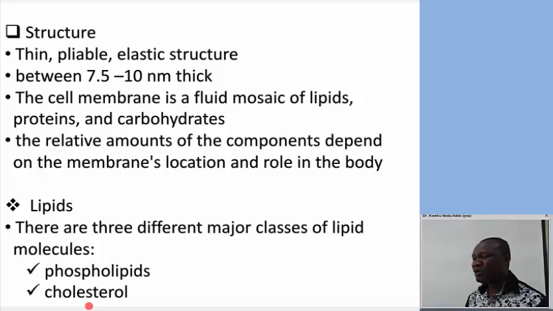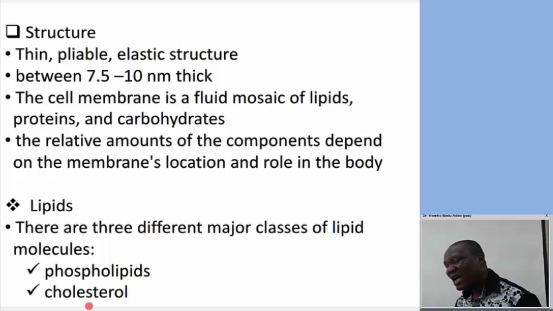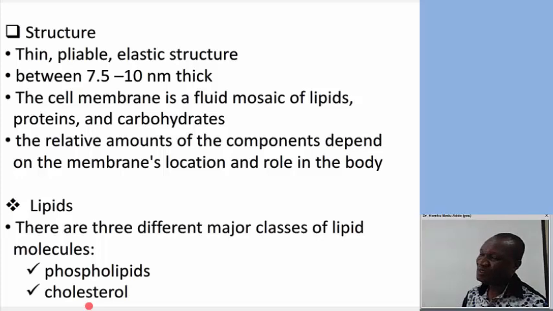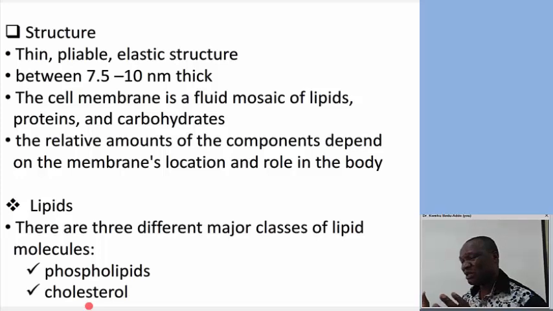Now, the amount of these components vary from membrane to membrane, and it's important in the role that the membrane plays. We don't have the components being constant in the various cell membranes. They vary, and they also help in the role of the membrane.